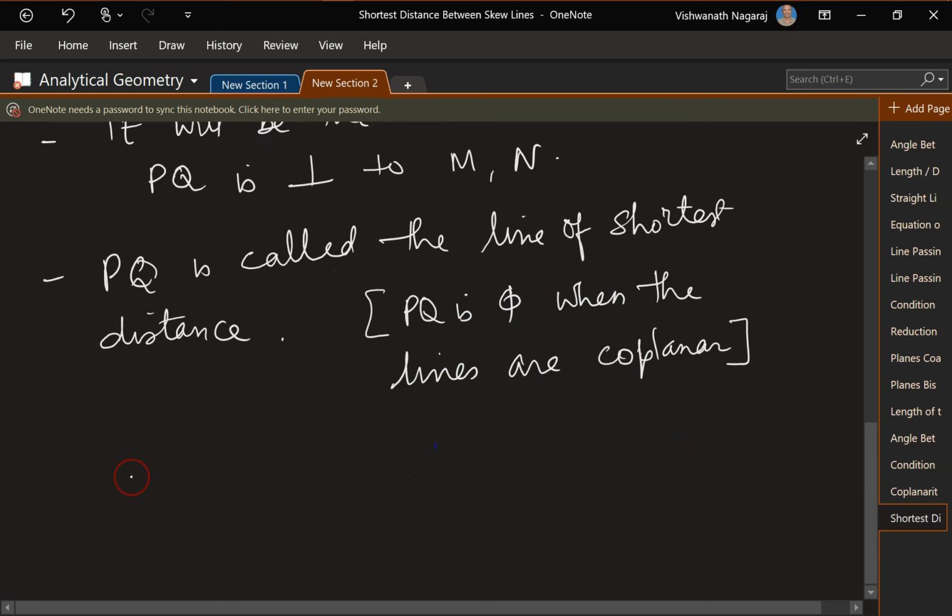Okay, now let's look at it analytically. Let's say the equation of M is r = a + lambda alpha.